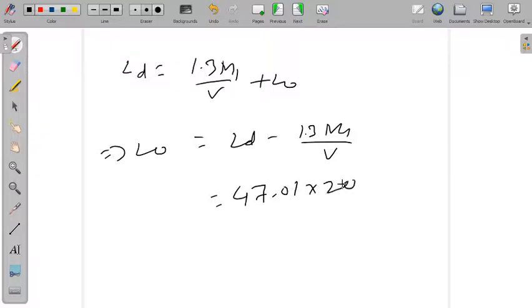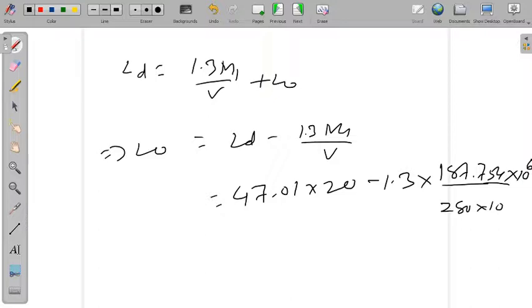LD is how much, 47.01 phi. Since we are using 20 mm, I am directly writing it as 20 minus 1.3 into M1 we have calculated, 187.754 into 10 to the power 6, divided by V, which is 280 into 10 to the power 3. Now if you do this calculation, L0 comes to 68.485 mm.